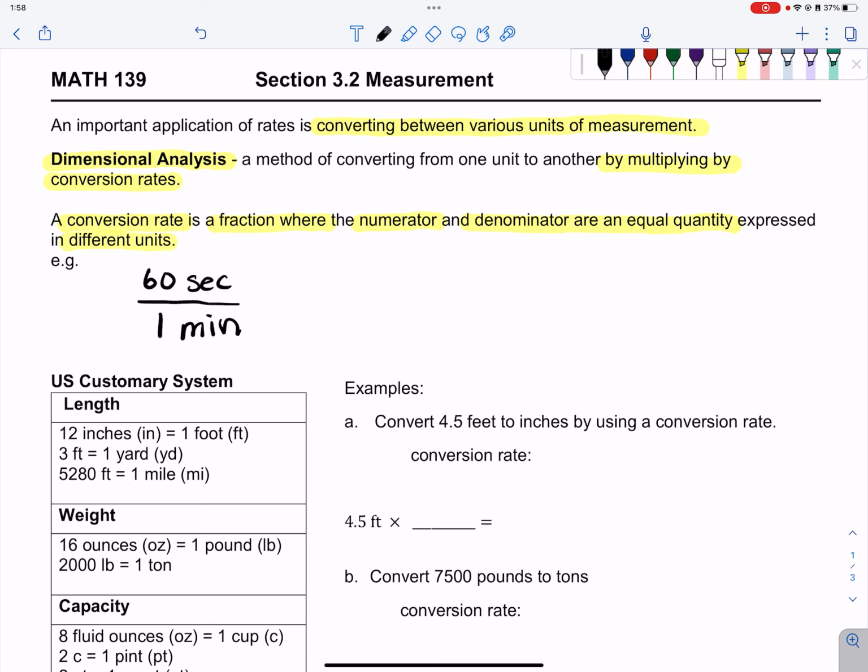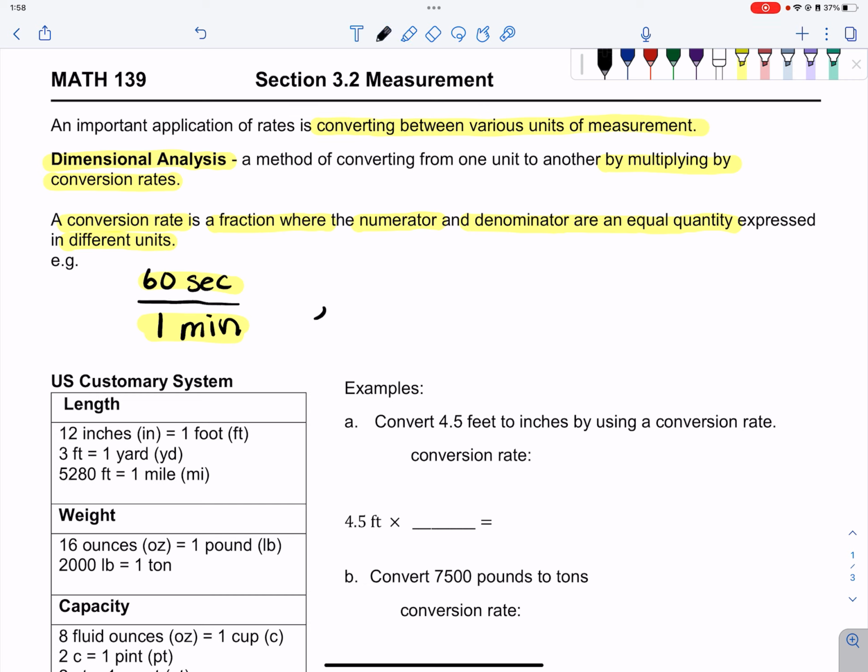We know 60 seconds is the same amount of time as 1 minute, they just have different units. So when we put them in a fraction like this, this is a conversion rate, and we can use this to multiply something that is in minutes and get it so that it is in seconds.